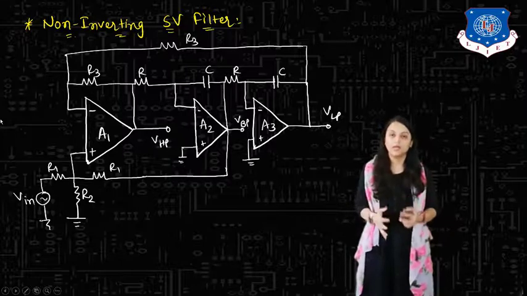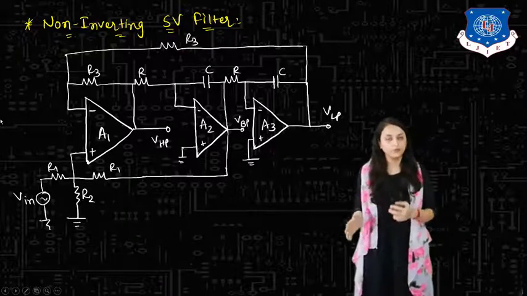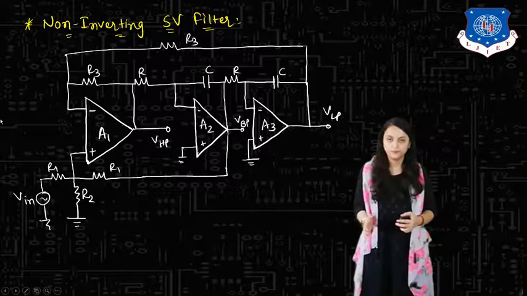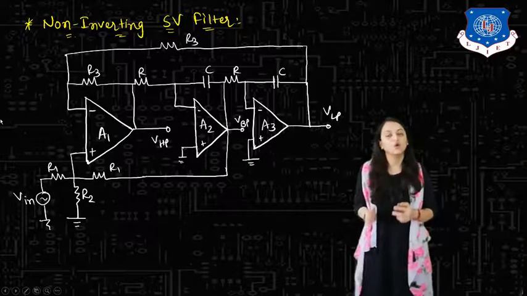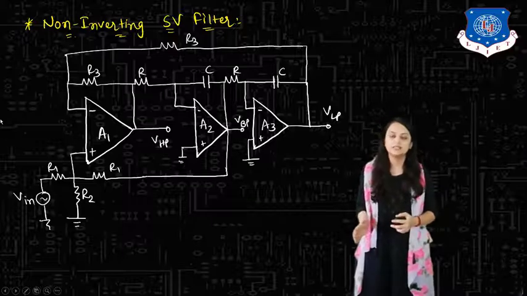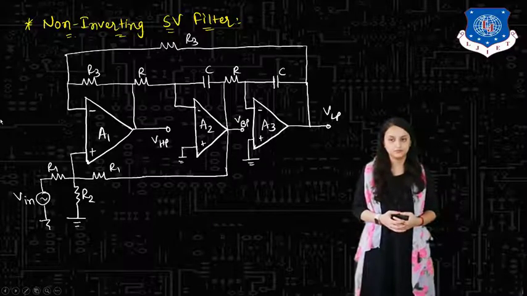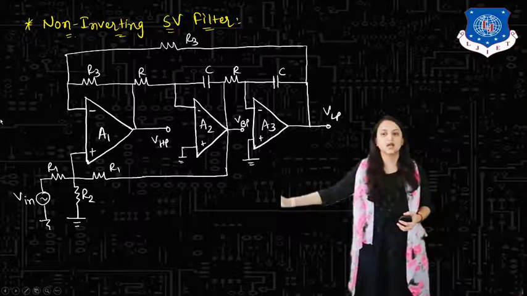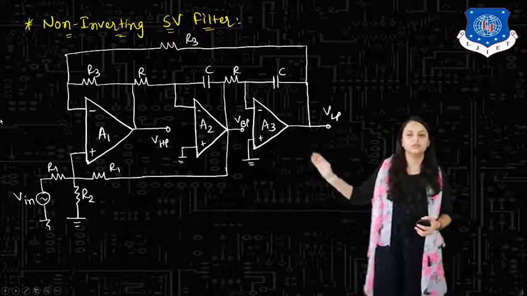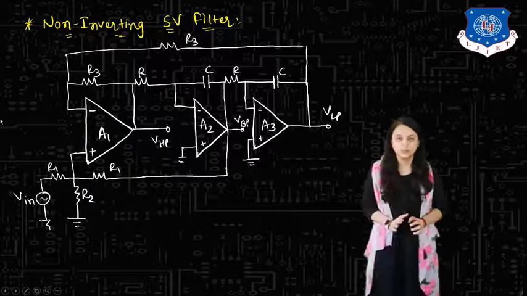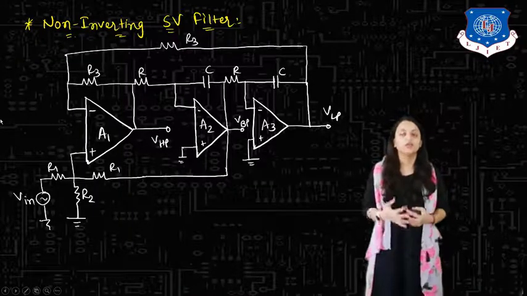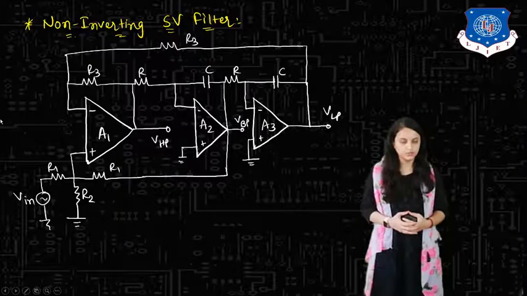Okay, so again, as you can see over here, like inverting state variable filter, there are 3 op-amps used, but here for non-inverting configuration, supply is given to the non-inverting terminal. Here another resistance R1 is connected through the A2. So this is the arrangement for non-inverting state variable filters.